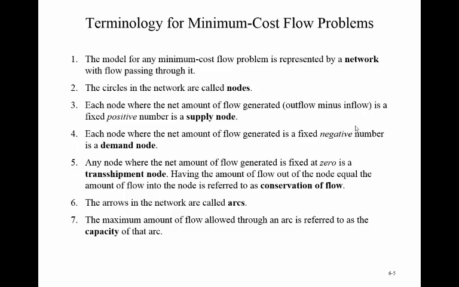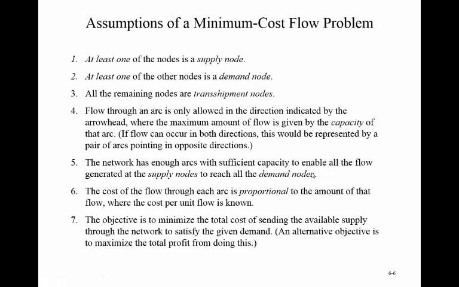And the transshipment node is the one that has neither a supply nor a demand for the network. It's just a pass-through point. And by the way, such nodes have to obey the law of conservation of flow, meaning the total amount of products that you ship into a distribution center must equal the total amount of products that you ship out of the distribution center. And then finally, we've got a maximum amount of flow through an arc. That represents the capacity of that particular arc.